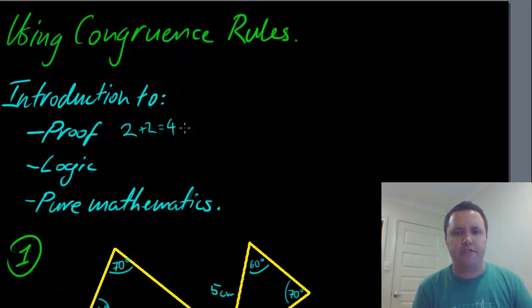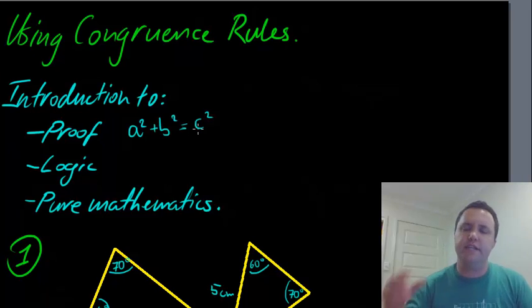For instance, when we looked at Pythagoras' theorem, the reason why it's a theorem and not just a theory is that it's been proved that with a right angle triangle, a squared plus b squared, so the squares of the sides added together, is equal to the square of the hypotenuse. That is proved. It will always work for any right angle triangle on a flat surface.